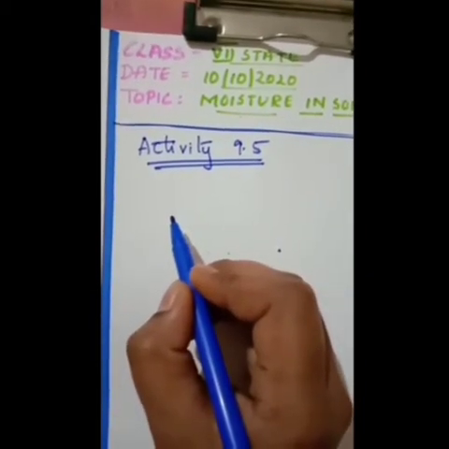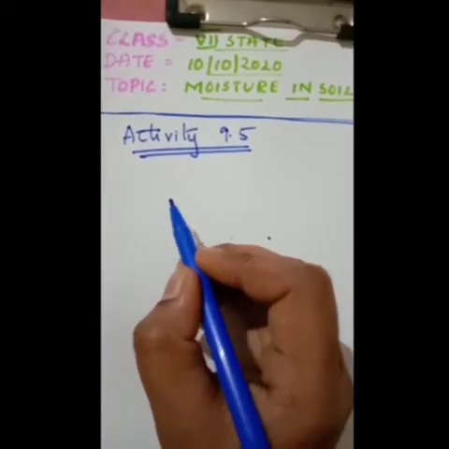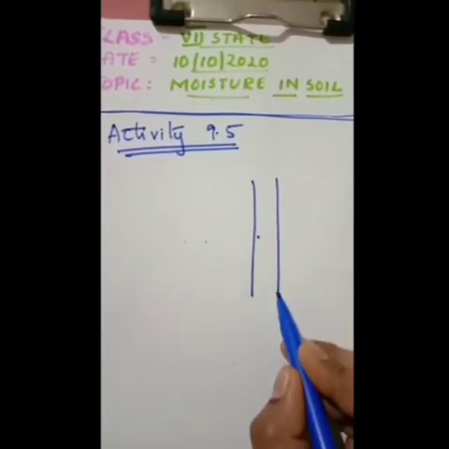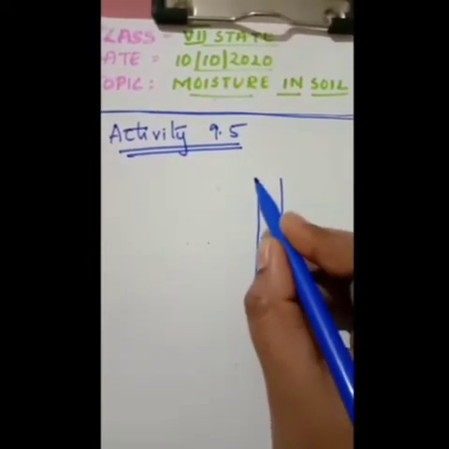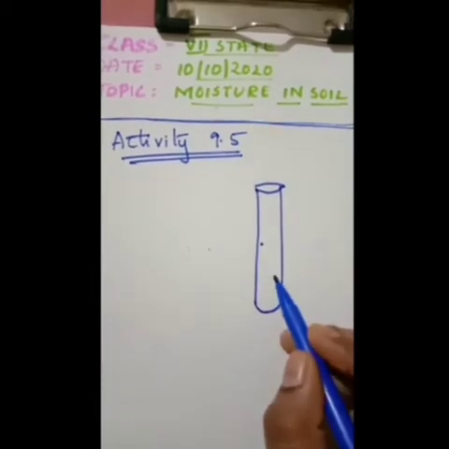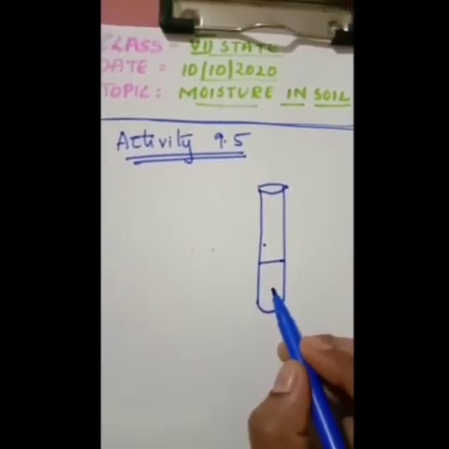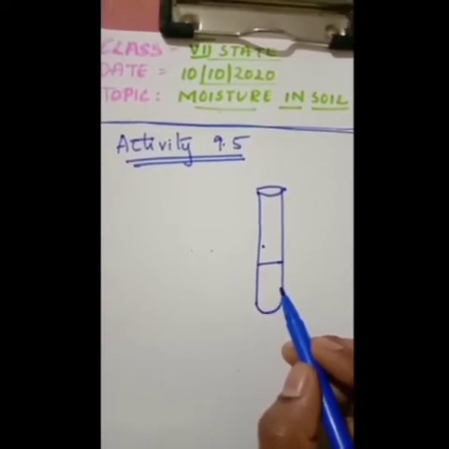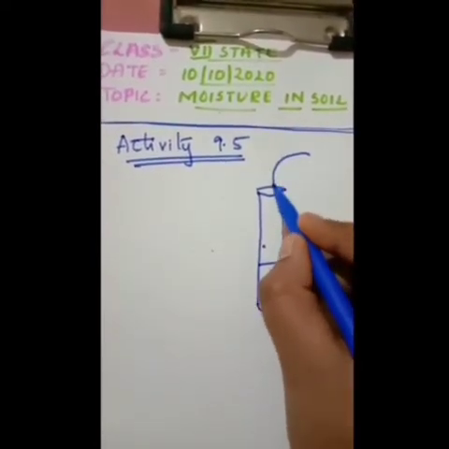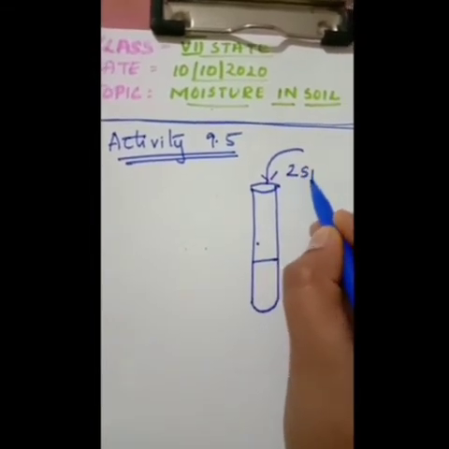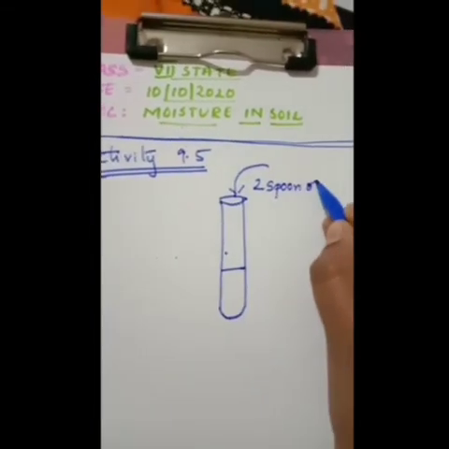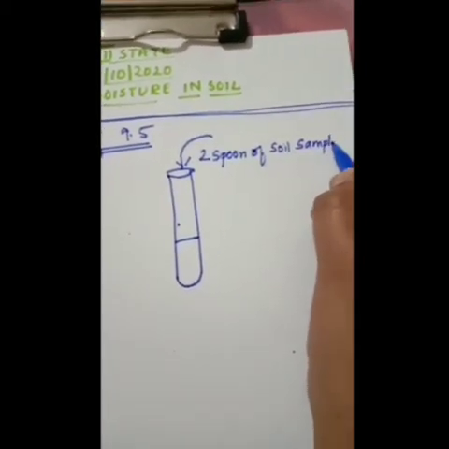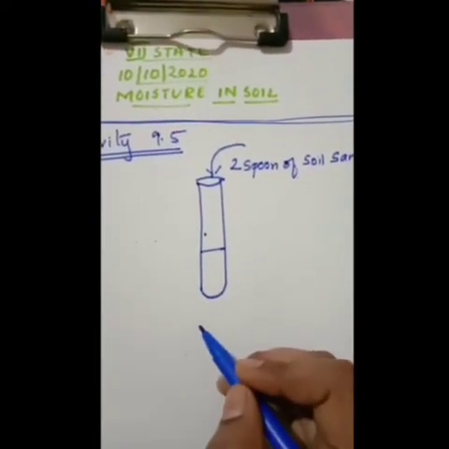So you need to take a boiling tube. Like this, we need to take a boiling tube. So it has a mouth like this. We need to add 2 spoons of soil sample to this tube.